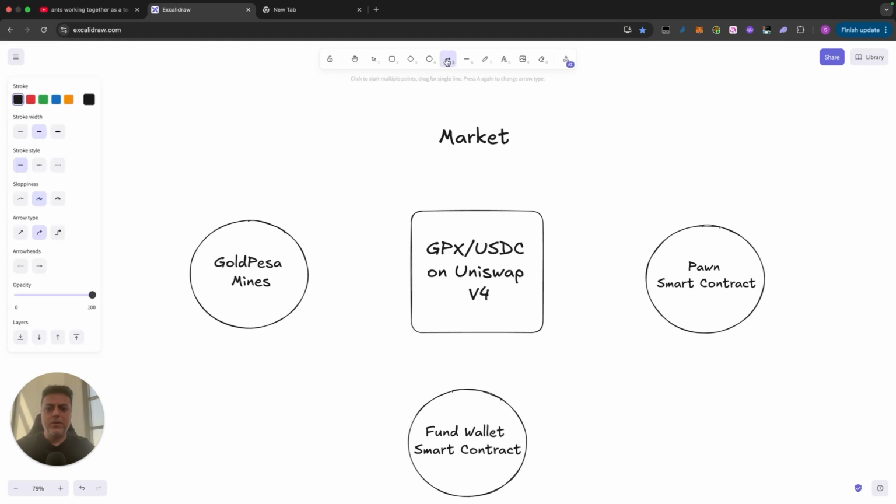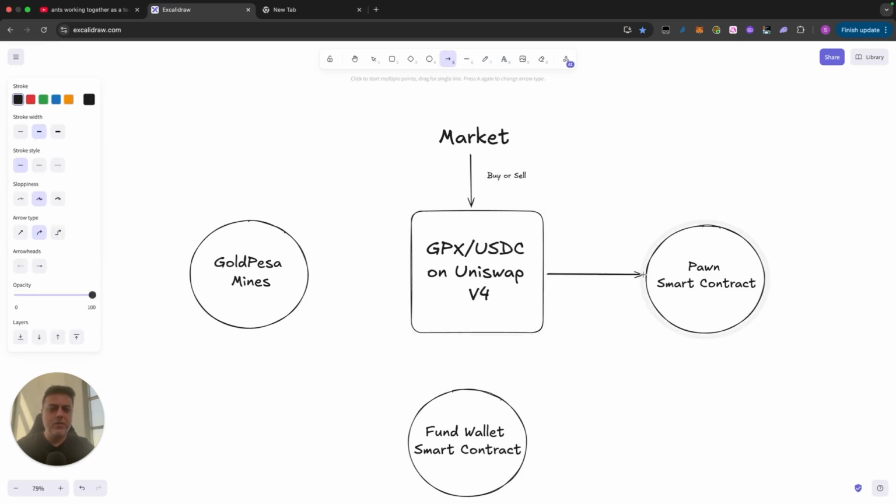So the model is such that every time there is a transaction, whether it's a buy or a sell from the market, there is a 1% fee.